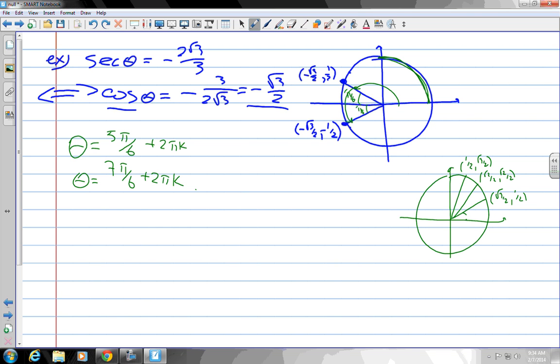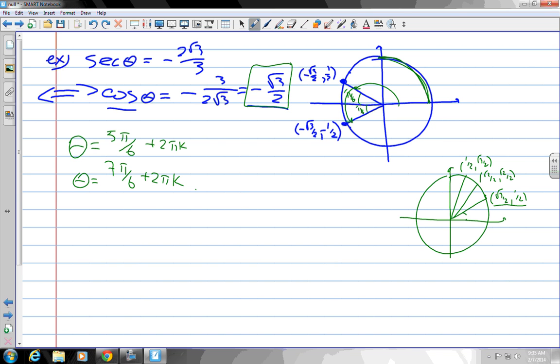So when you look at this problem and you realize that the question is negative root 3 over 2 for the cosine, you know we're talking about the x value. This is another connection you always need to make: x values are cosines, y values are sines. So you look at your first quadrant, where's the x value equal to root 3 over 2? That's the pi over 6, right?